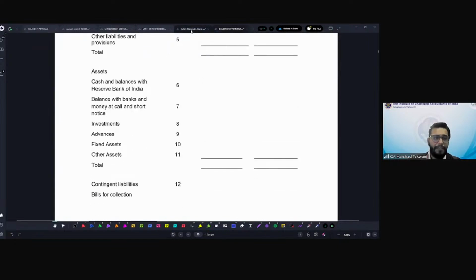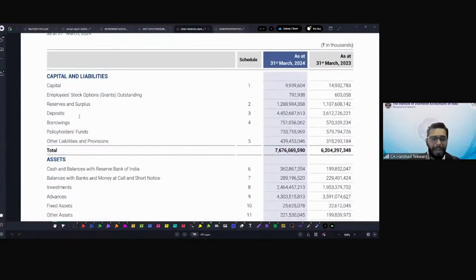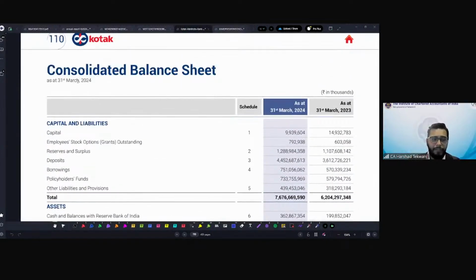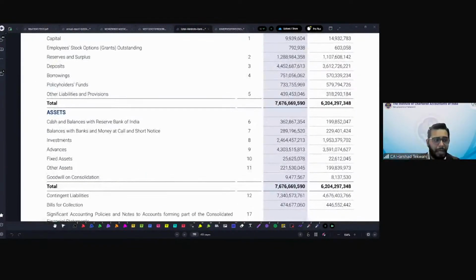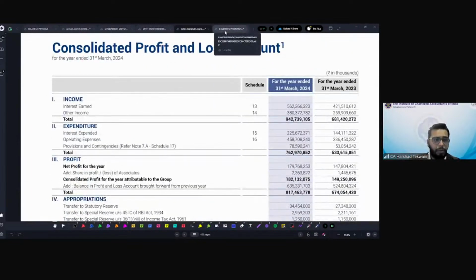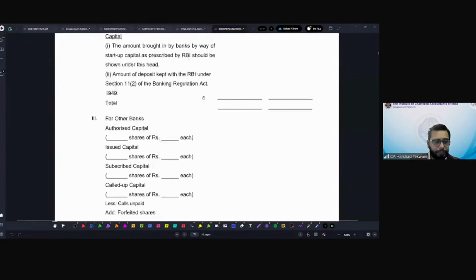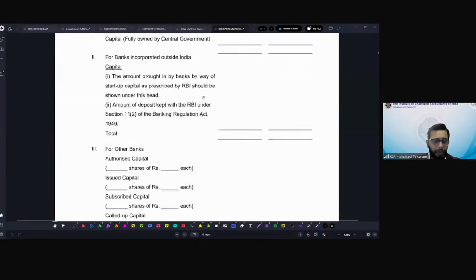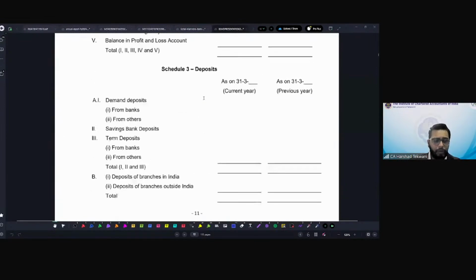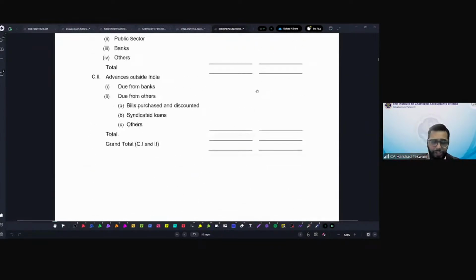And simultaneously, we have this balance sheet available, as on 31st March 24, in a similar way. Then you have the P&L related formats. Then you have various schedules specified in the balance sheet.